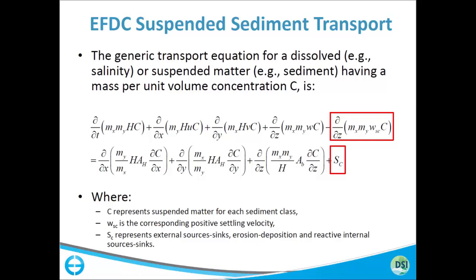This is your settling speed of particular classes of sediment, and this is changing your overall distribution of your concentration, and ultimately also acts as a loss term to the bed as it settles out, or a source term if it's eroding into the water column.